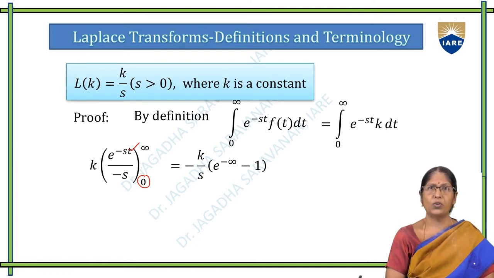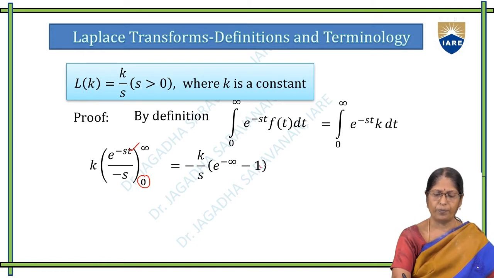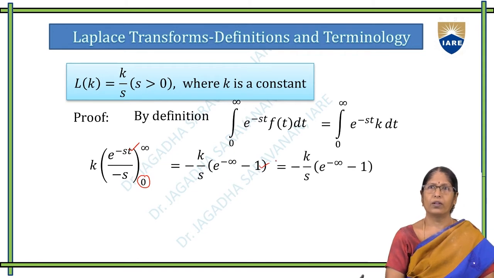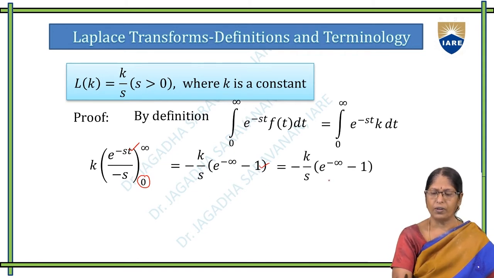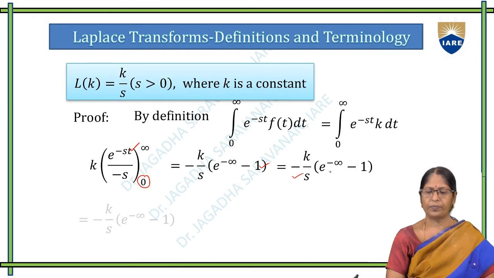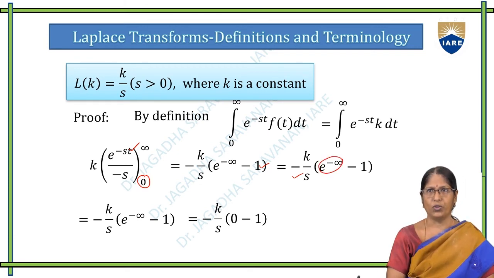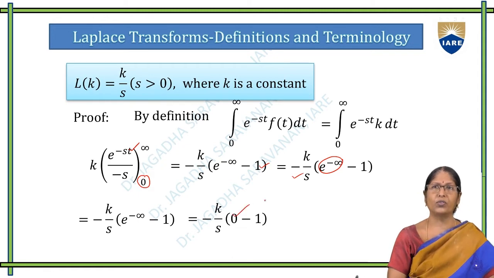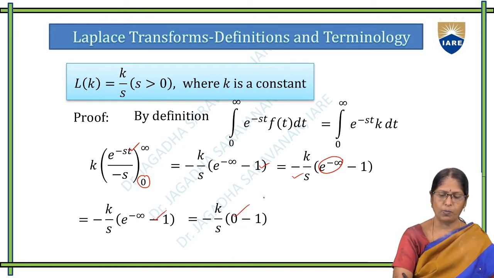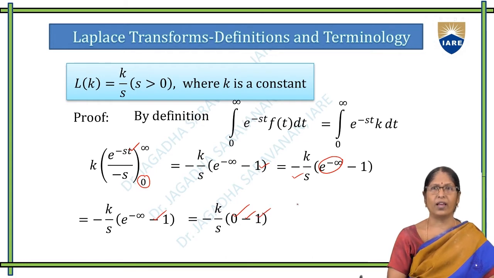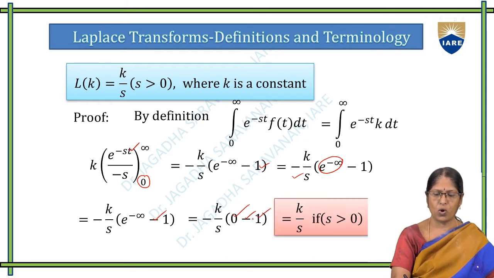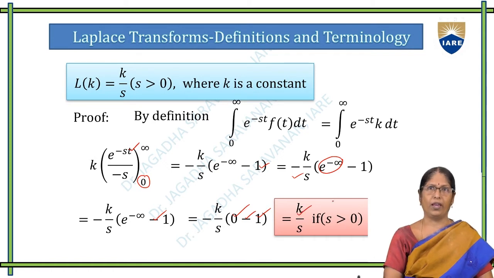So e power 0, the value is 1. So we know it very well. This e power minus infinity, the value is 0. So which is kept here 0, and this minus as it is, 1 is as it is. So we brought this minus 1 into minus, nothing but k by s.